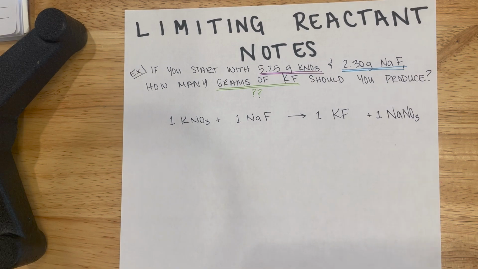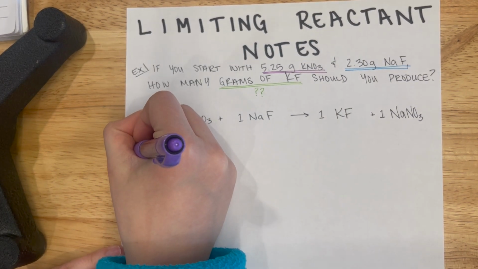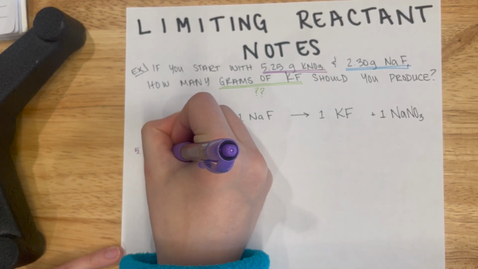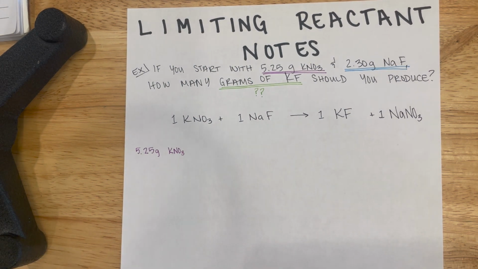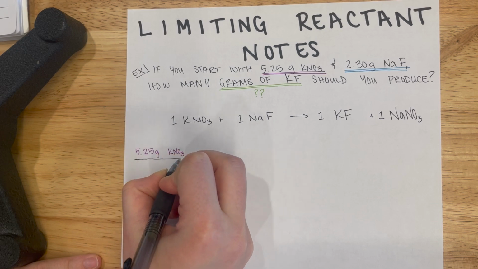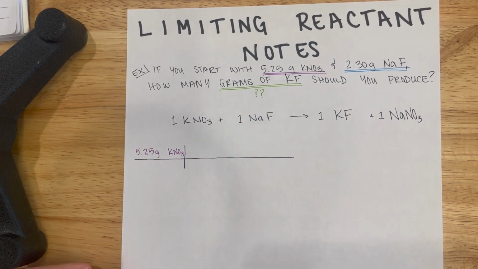So let's look at our first value that we're given. We get a starting value of 5.25 grams of potassium nitrate. Now, it is really important that we write out our formulas, right? We've been talking about this a lot in class, but now that we're working with multiple chemicals in each one, it's important that we have all that information there.